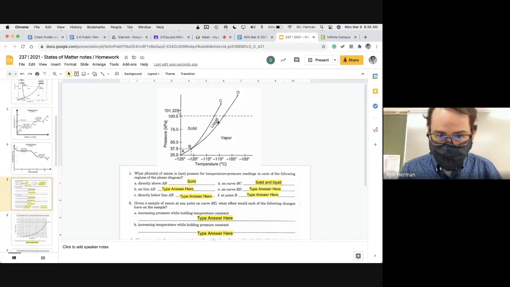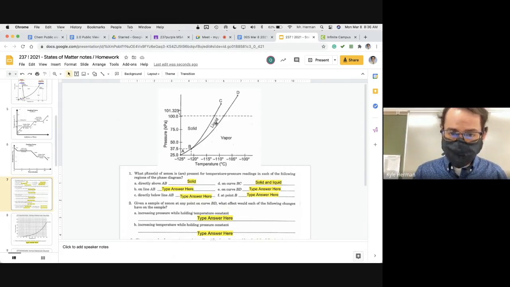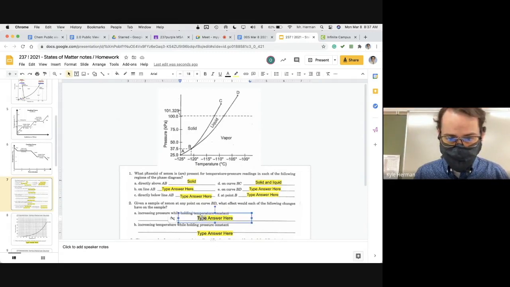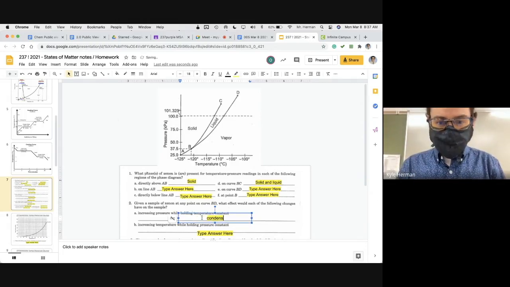All right, so if we're on this line right here and we increase the pressure, it's going to go up. It's going to turn into a liquid, right? So what effect would each of the following have? So if it's a vapor and it's turning into a liquid, what was the term for that? We would say it would condense, and then we would say vapor to liquid so that we know what we're talking about. If I could type, that'd be great.